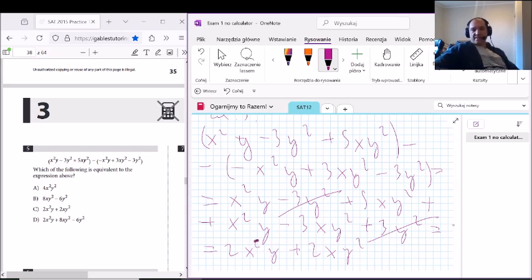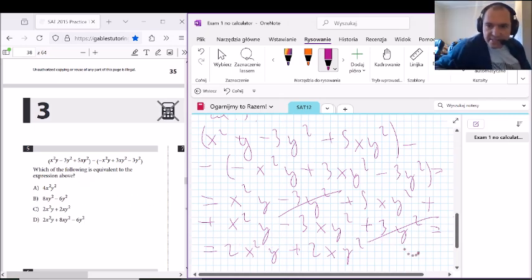Here we have x to the power 2 and here we have x to the power 1. Also, y is to a different power in those terms. So let's check the answers, and this is answer C. So the answer for question 5 is C.